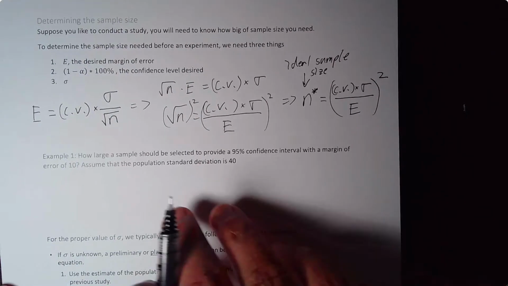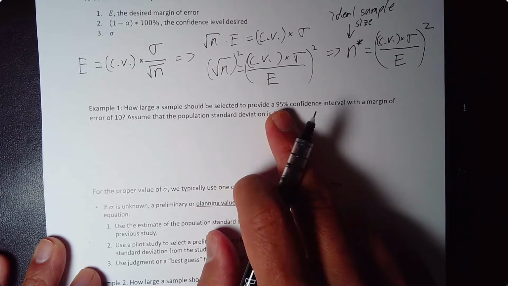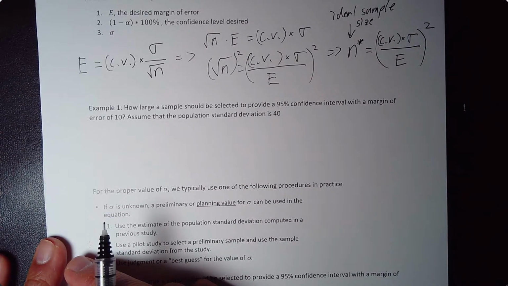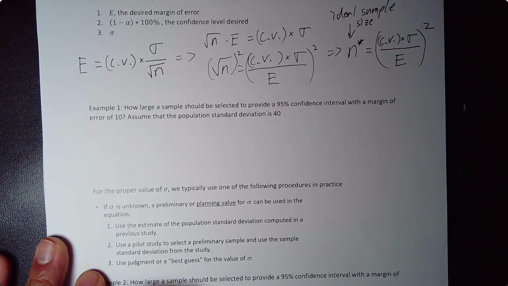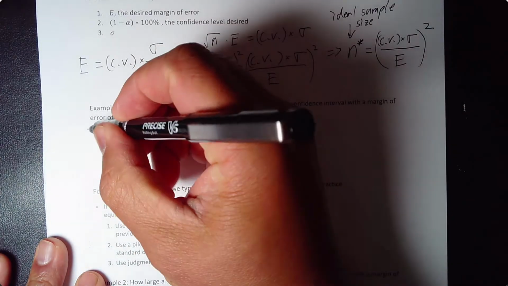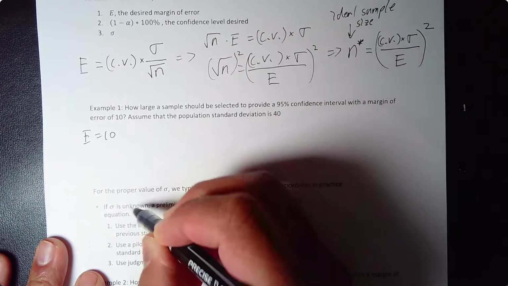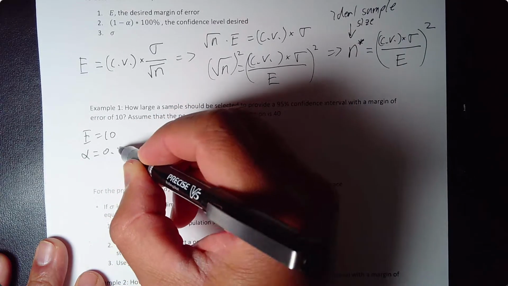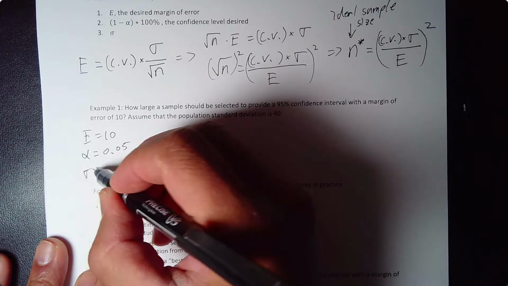Okay, so let's give this a try. How large a sample do we need to provide a 95% confidence interval with a margin of error of 10, assuming the population standard deviation is 40? So we have a margin of error equal to 10, a 95% confidence interval, so alpha equals 0.05, and the standard deviation equals 40.